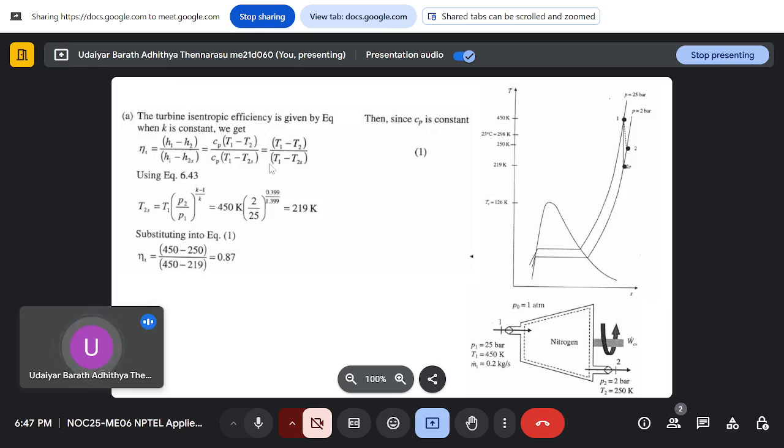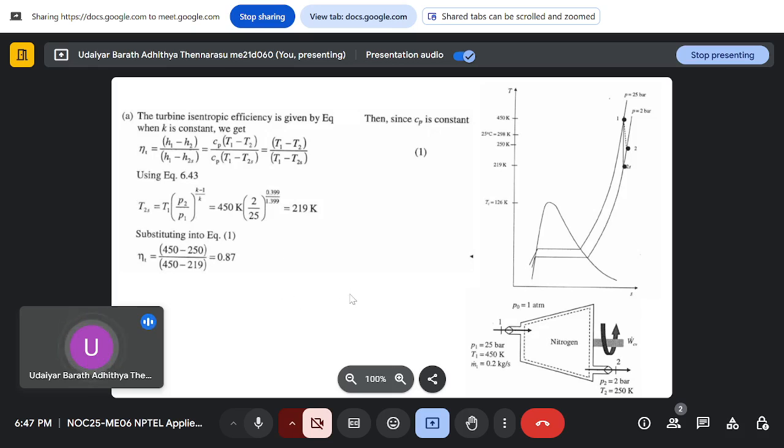So substituting it in the isentropic efficiency formula, this is 450 minus 250, which is 200, divided by 450 minus 219. So I get 0.87, an isentropic efficiency of 0.87.